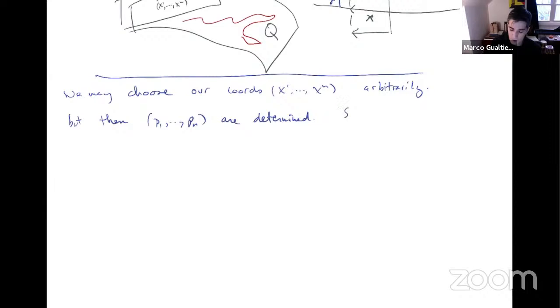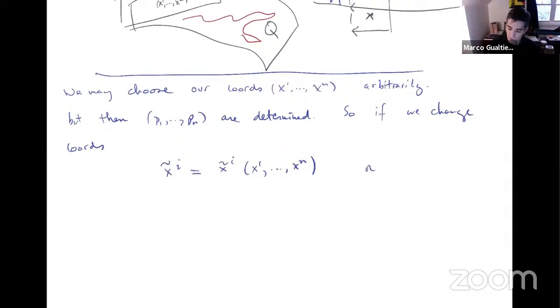So if we change coordinates, let's say I define some new coordinates x tilde, each of which is a function of the previous coordinate system. So I have n functions. I have n new coordinate functions.